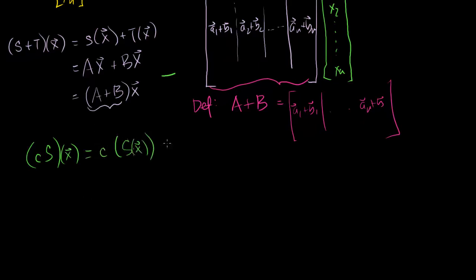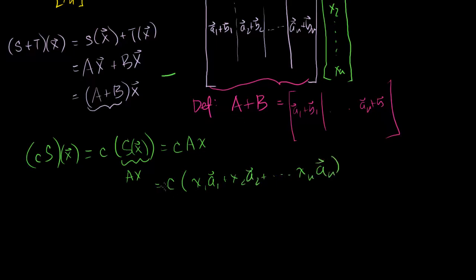And so we know that S of x can be rewritten as Ax. So this is c times A times x. And we know that Ax can be rewritten as c times x1 times the first column vector in A, a1, plus x2 times a2, all the way to plus xn times an.